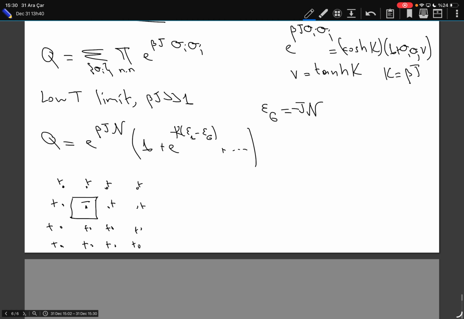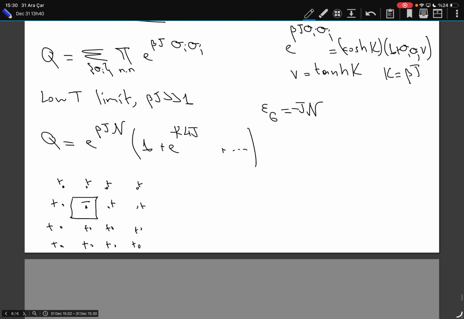So I have four neighboring interactions which contribute plus J rather than minus J. So this first contribution here from this closed loop is for J. This is the contribution from the first excited state.